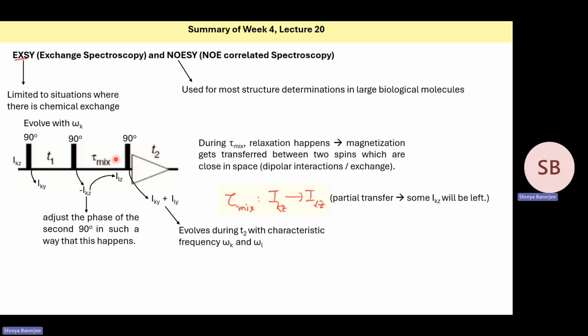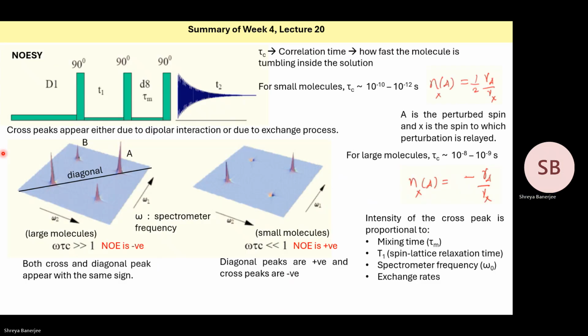Basically, in tau mixing is where the magnetization is getting transferred. And this happens when the two spins are close in space. It happens through dipolar interactions, which is the NOESY, or by exchanging, which is the EXSY. So that is the pulse sequence.